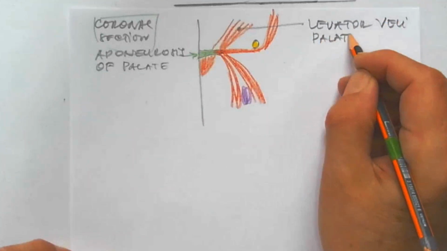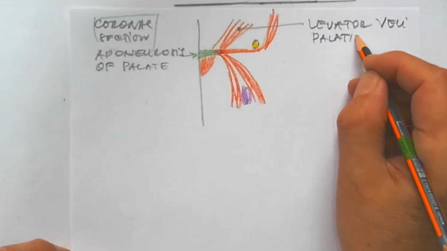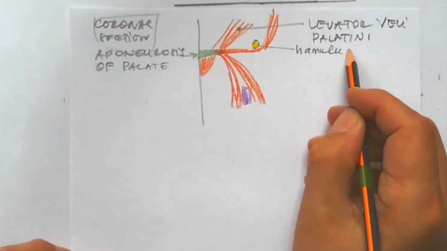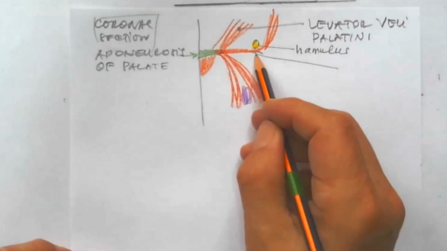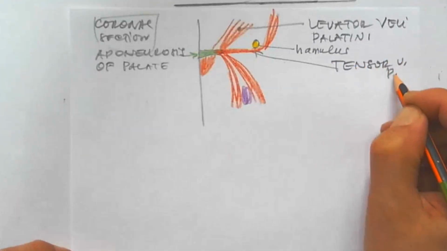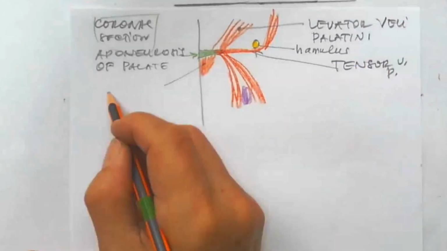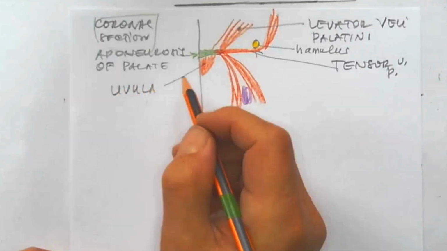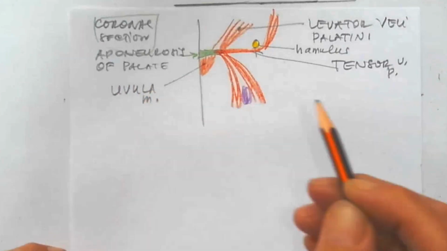Velum palatinum is the soft palate, veli palatini. Then here is the hamulus around which runs the tensor. So the second one is the tensor veli palatini. Then that one is the uvula, why not? Uvula muscle.